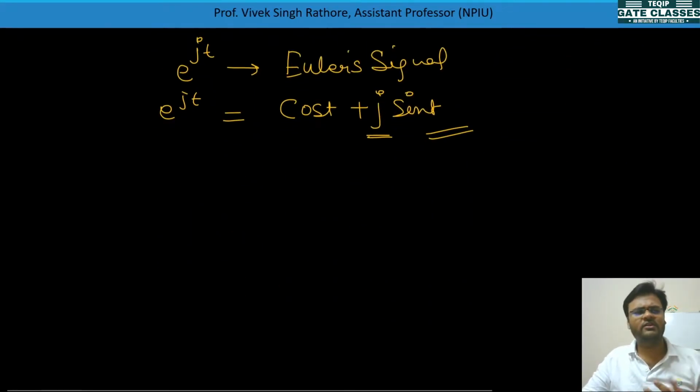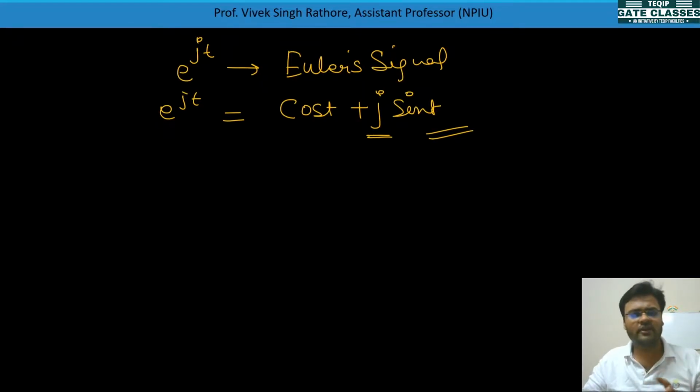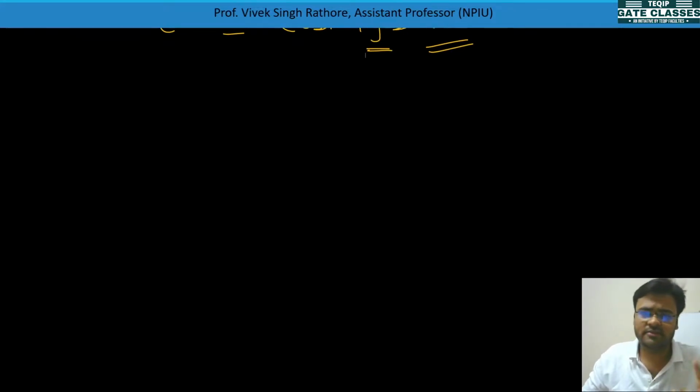The amount of analysis required for reaching the outcome is greatly reduced when we put in the j part, the imaginary part, and the most common imaginary signal is the Euler signal.